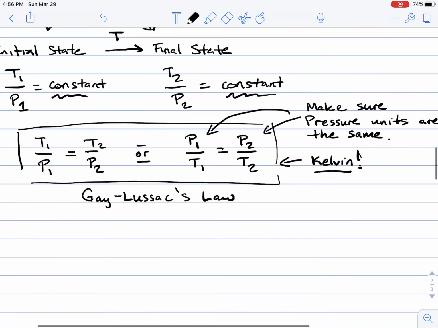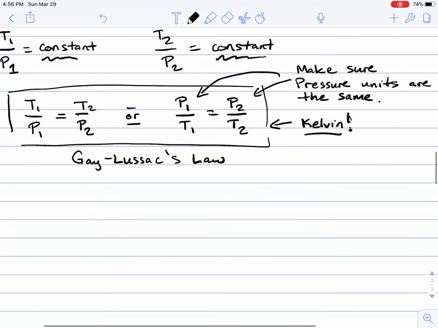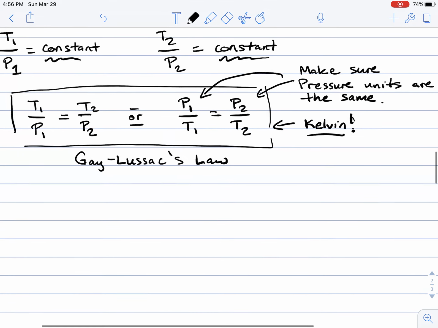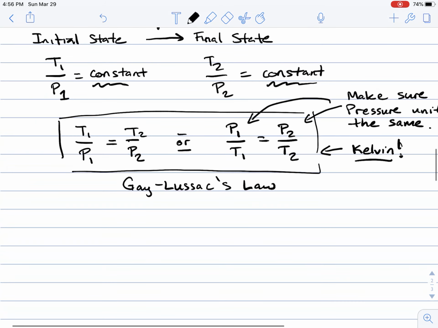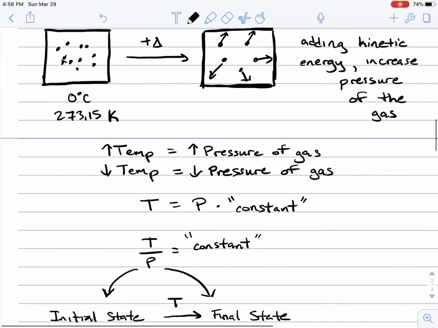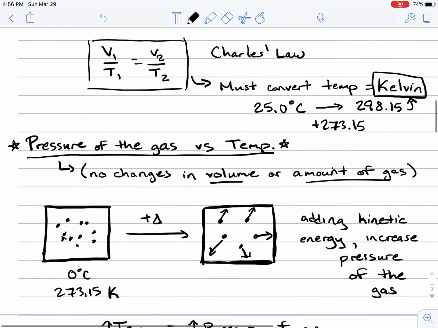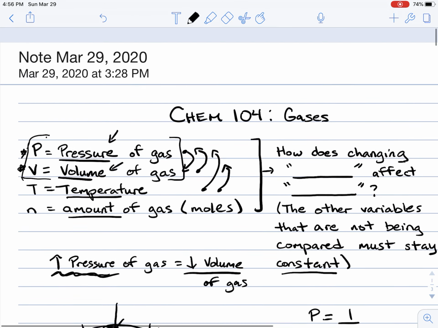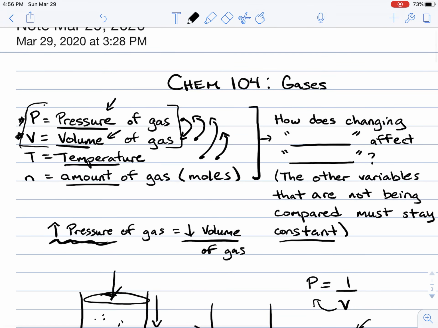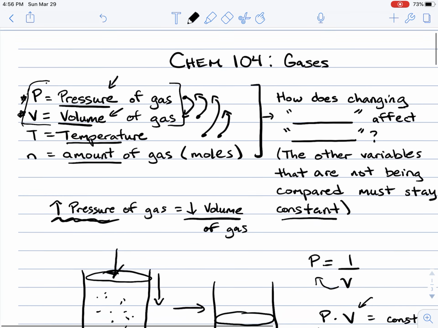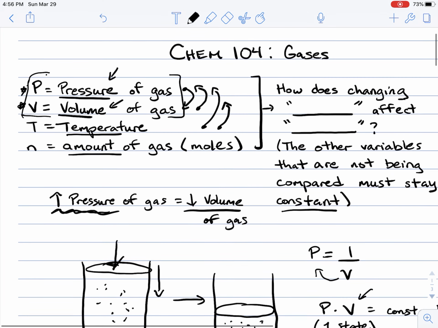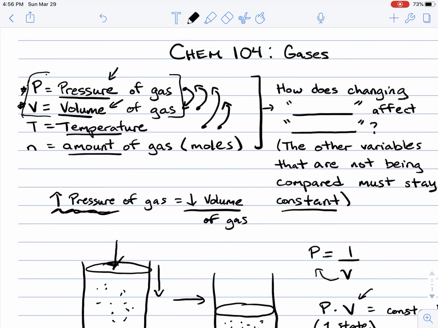All right, cool. And so that's pretty much the relationship between pressure and temperature. And so scrolling to the top part of our page, here we've covered the relationship between temperature and pressure.